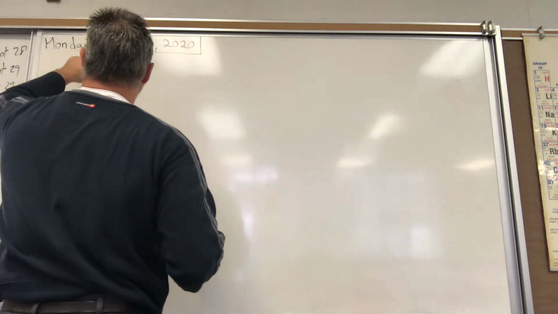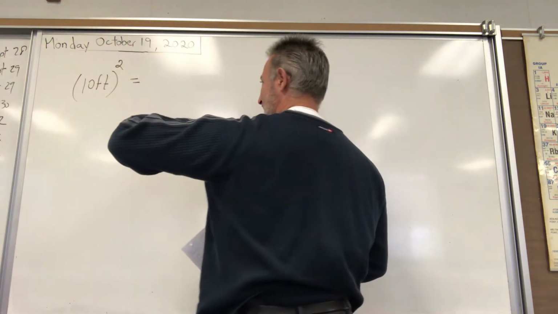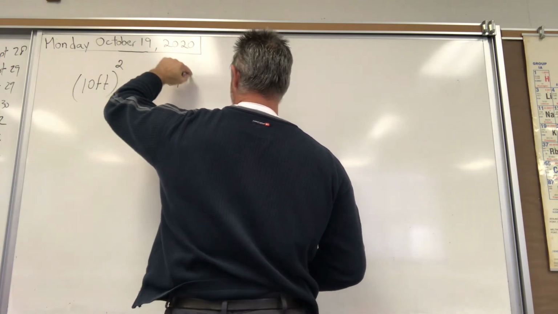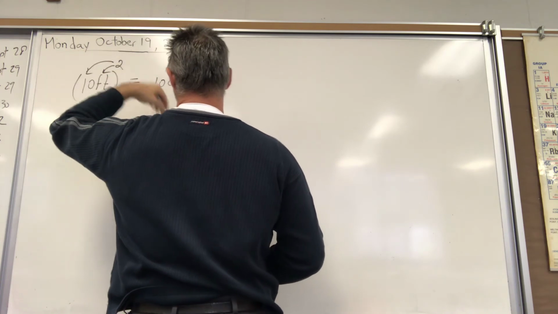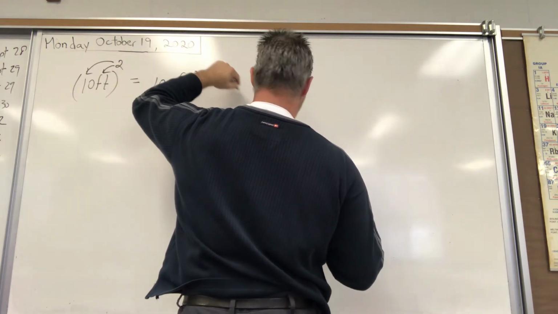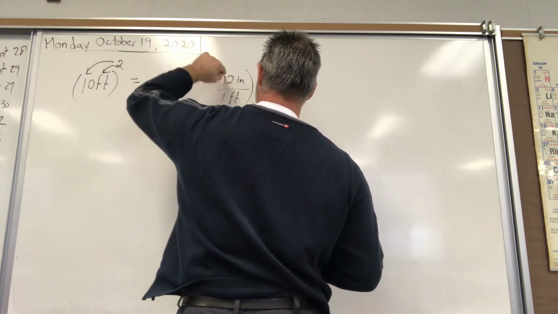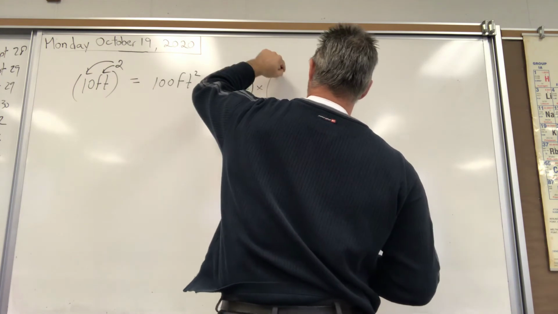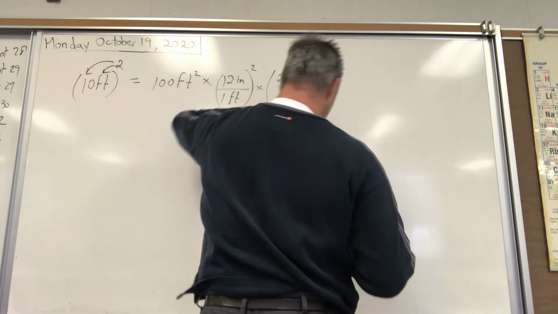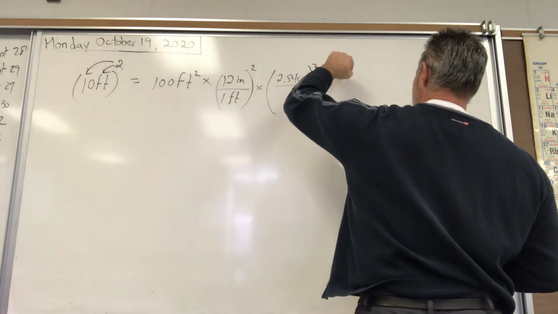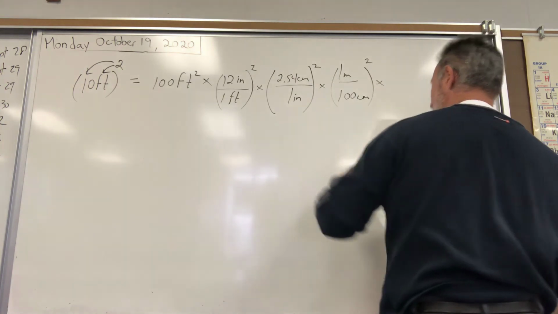So 10 feet all squared basically means once you distribute that squared symbol, that you have 100 feet squared. Because remember, the squared, when you have the bracket around there, is distributed both to the number and to the unit. Then we're going to convert to inches, 12 inches per 1 foot, raised to the power of 2, times 2.54 centimeters per 1 inch, raised to the power of 2, times 1 meter per 100 centimeters, raised to the power of 2, because remember we're dealing with area.